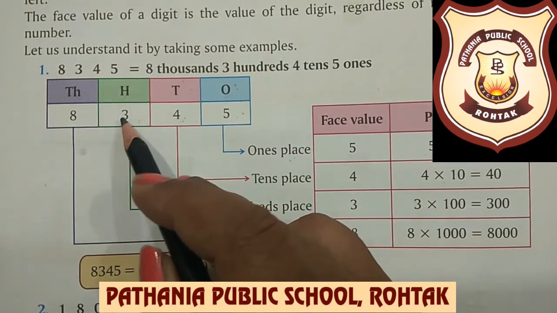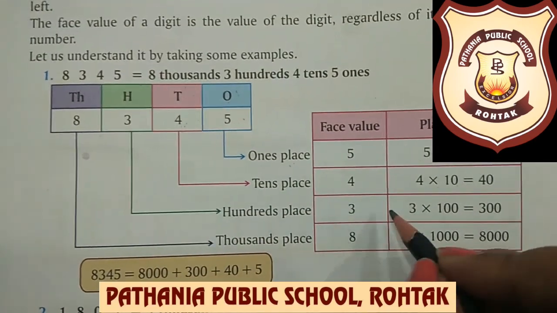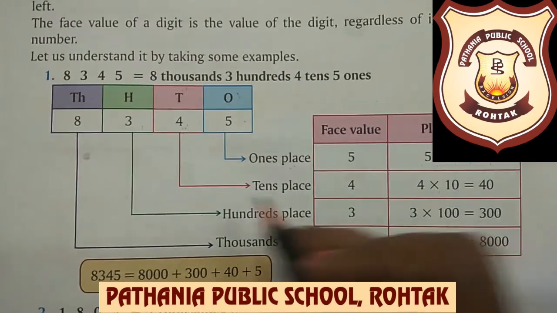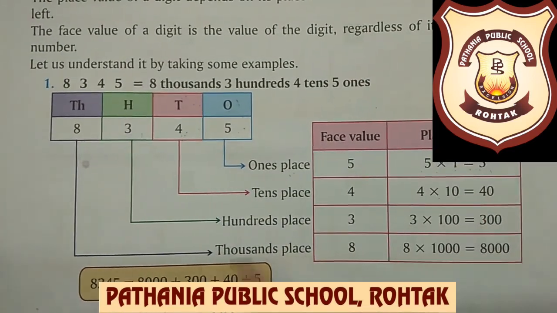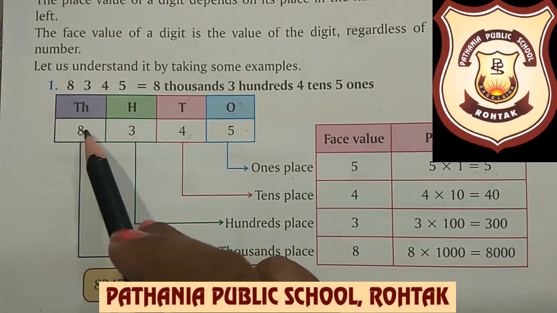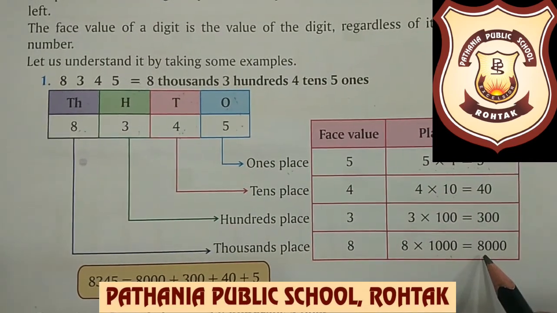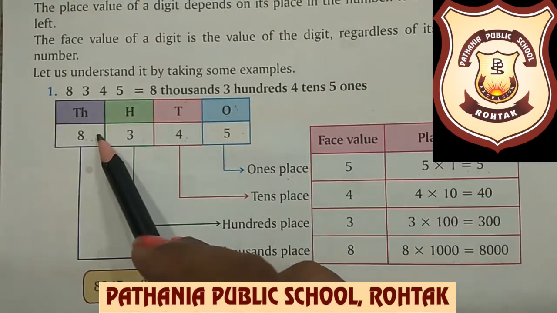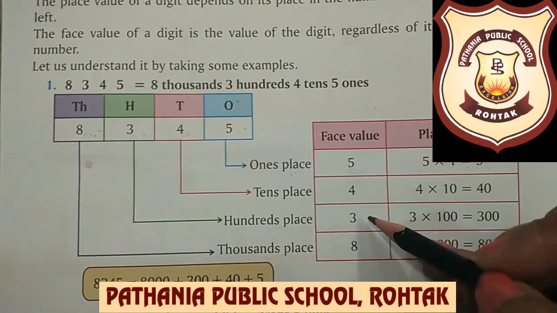Now 3 is at hundreds place, so we will multiply 3 by 100 for getting its place value. So 3's place value is 300. Now 8 is at thousands place, so we will multiply 8 by 1000 to get its place value, and 8000 is the place value of 8.